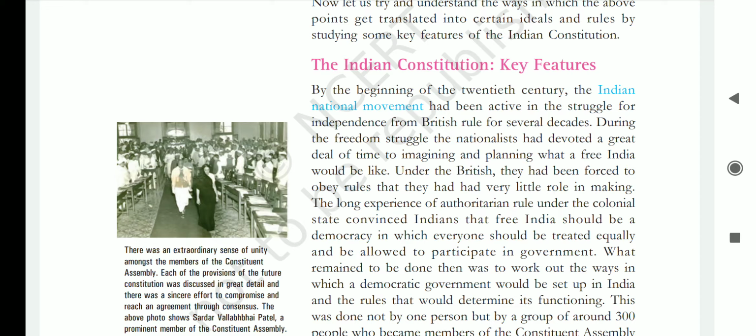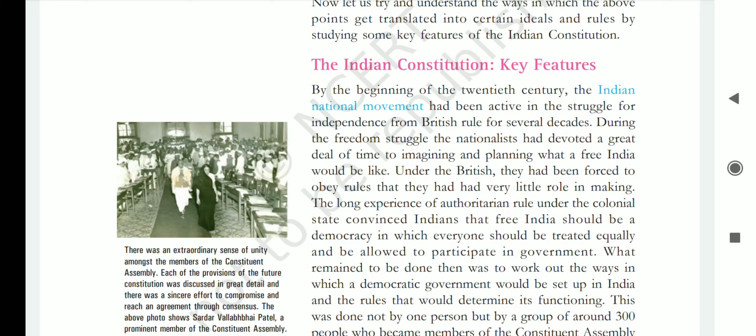This kind of planning was in the minds of our nationalists, and they believed that under democracy all the people of India would be treated equally and all could participate in the government.